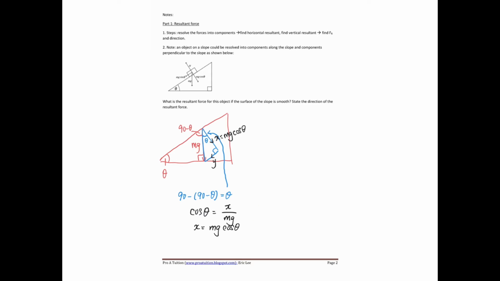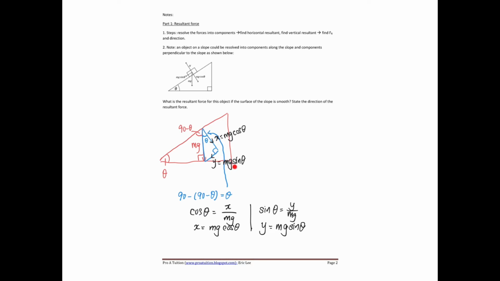So sine theta equals opposite over hypotenuse. Then you can get y by moving mg to the left, so you get mg sine theta. That is how we get the component that is parallel to the inclined plane. As you can see here, I put it here because I want to solve the triangle easily.